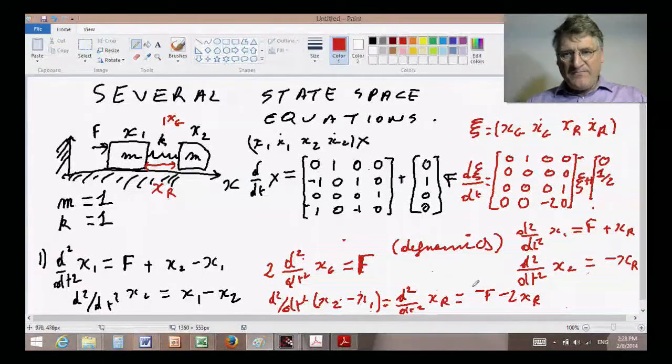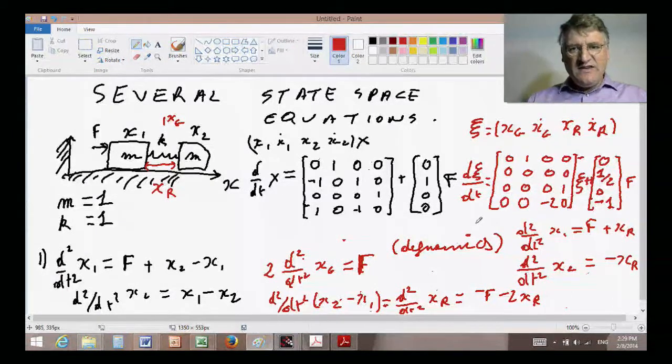And there it would be minus 1, so it becomes 0 and minus 1 times f. So this equation is the same as that equation, it is just written in standard form. What you can see is a variety of things already.